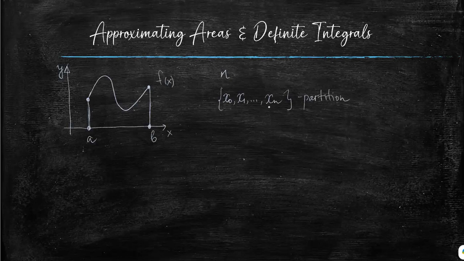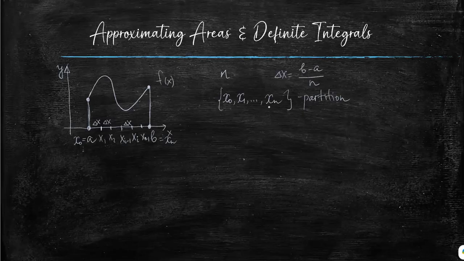The distance between these values will be, as always, delta x. So this is going to be my x1, x2. At some point, we're going to get to some arbitrary partition point i, whose width is also delta x. And second to last will be n minus 1. And delta x will be equal to b minus a divided by n.